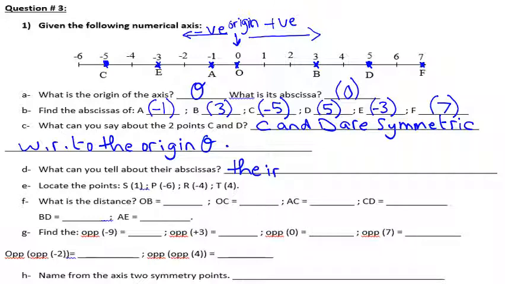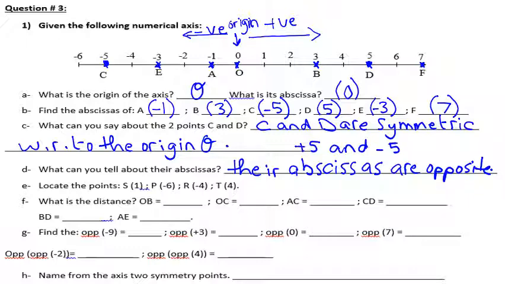Their abscissas are opposites, because one is +5 and the other is -5.